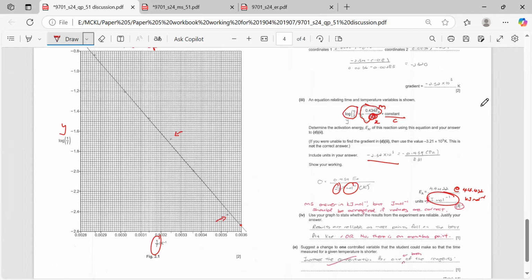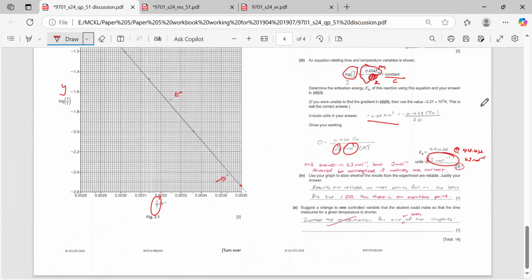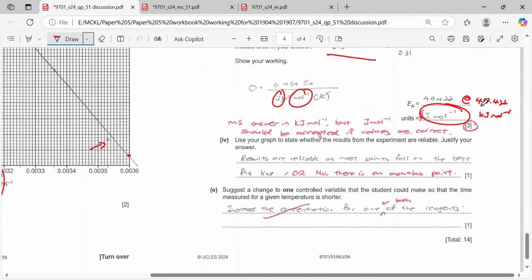All right, now next. Suggest a change to one controlled variable that the student could make so that the time measured for a given temperature is shorter. Okay, one controlled variable. So if you want the time measured for a particular temperature to be shorter, that means you want it to be faster, so that the time is shorter.